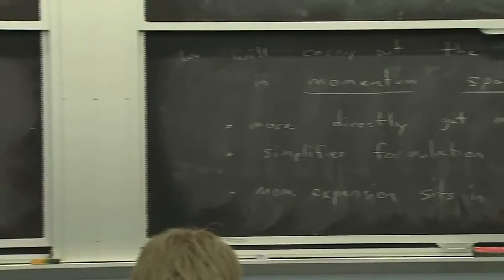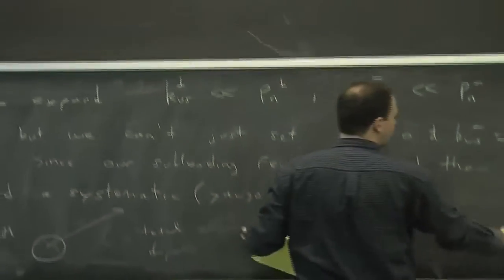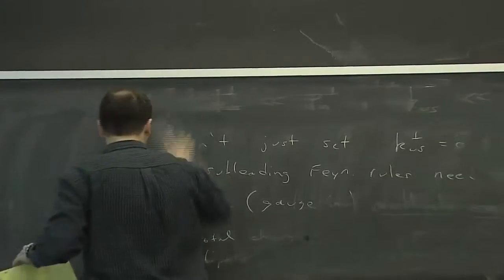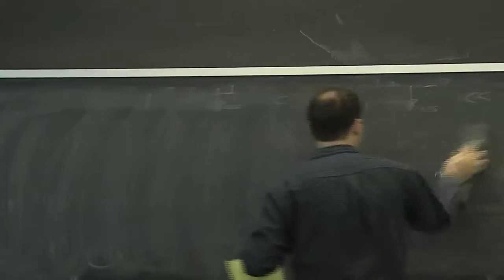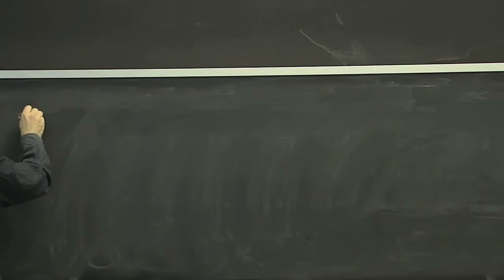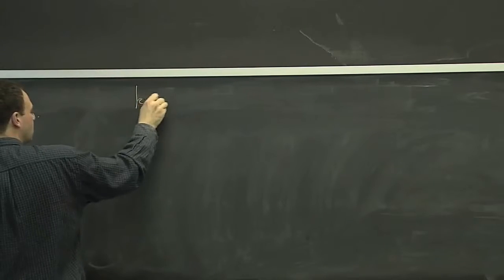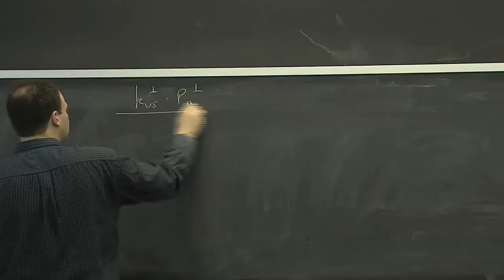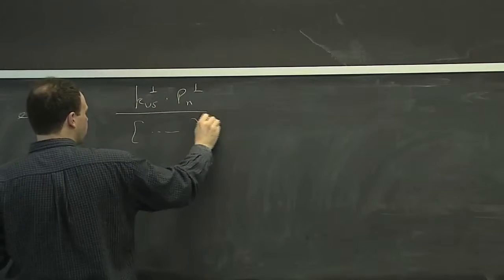So this term that we saw before that looked like a propagator squared, we were sitting in momentum space, we expanded the propagator to second order. So we had this term that was k ultrasoft perp dot pn perp, and then it had this denominator that was squared.